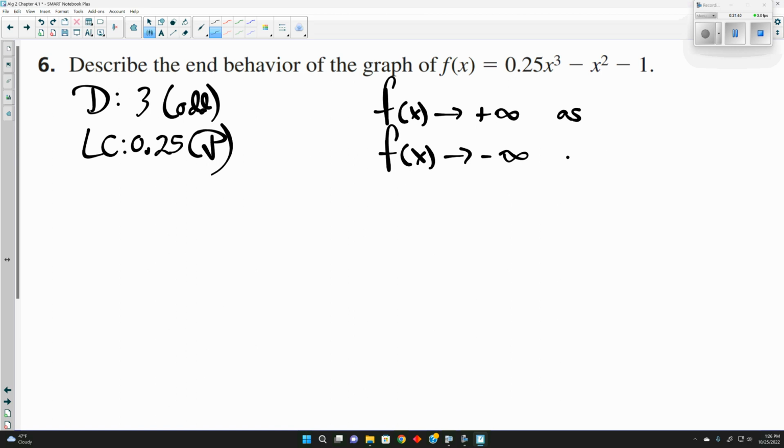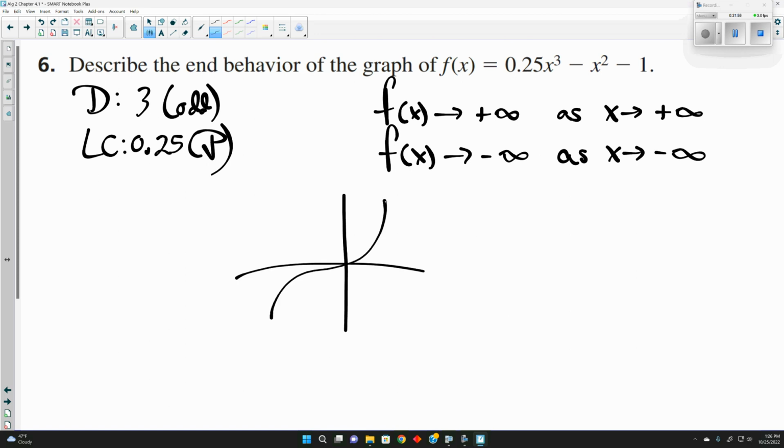As, and if we look back at the chart, f of x approaches positive infinity as x approaches positive infinity. That's something like this here.